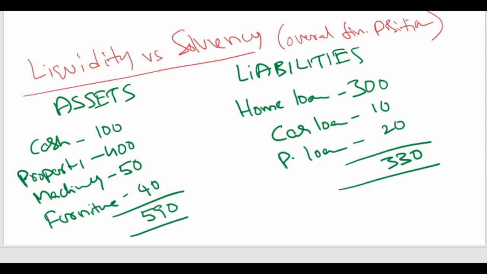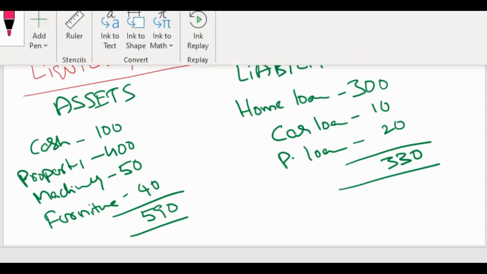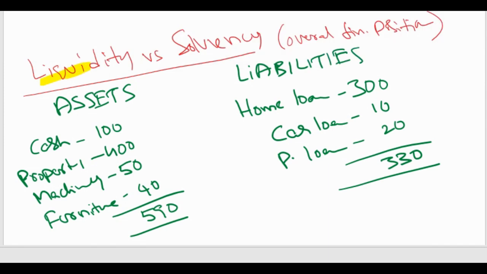So now if you look at assets and liabilities of this company, assets are higher than liabilities. That means the solvency is good and you are in a good position. But if the assets are less than liabilities, then it is a negative value, right?